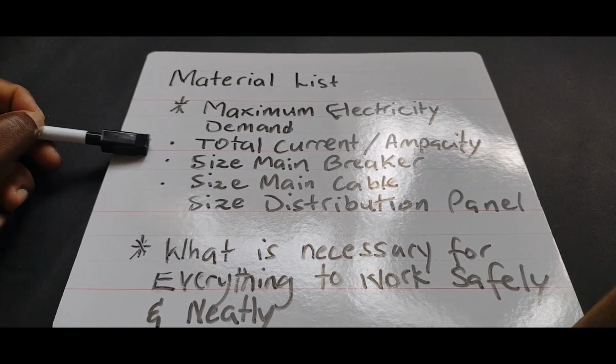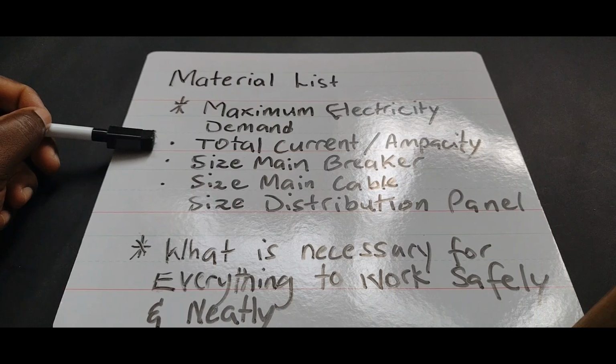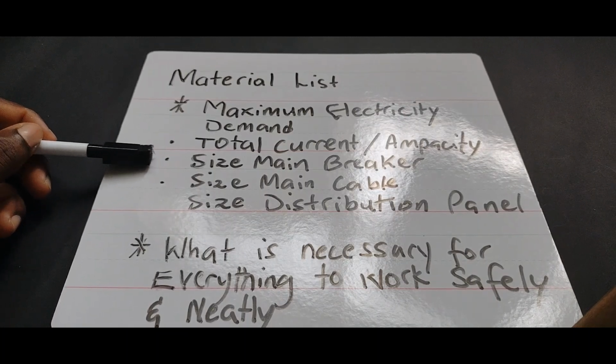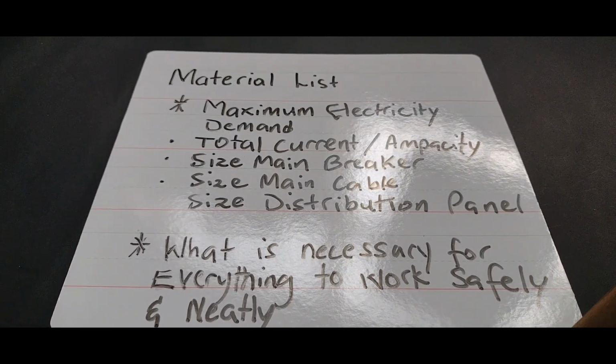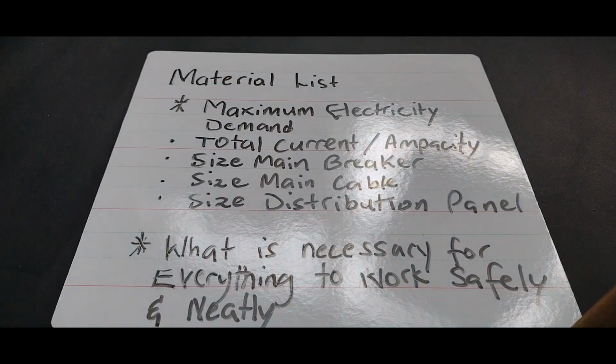That is the total current that each circuit will be using, even the entire building will be using, the size of the main breaker for the entire building, the size of the main cable for the building, and the size of the distribution panel that we'll be using. And other stuff on the list will include whatever is necessary for everything to work safely and neatly. When we fill all of these in, we will have a complete material list.